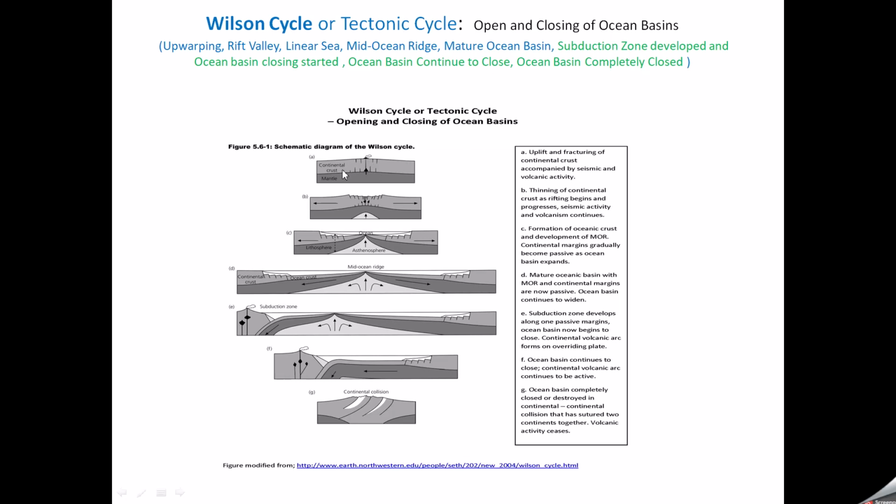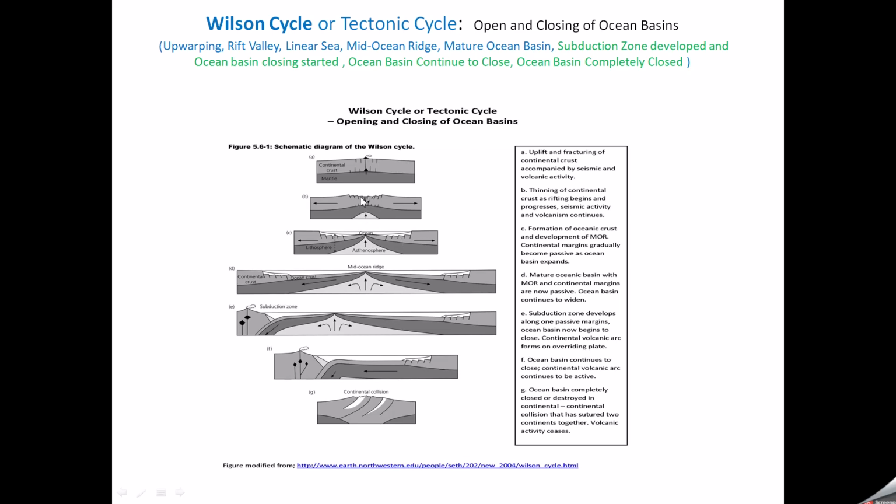So the first part: upwarping, a boiling of magma pushing it up, and then collapse of this fractured zone as the distance widened and the space widened, with more pushing away and more magma coming in the middle, until it creates a new oceanic crust.